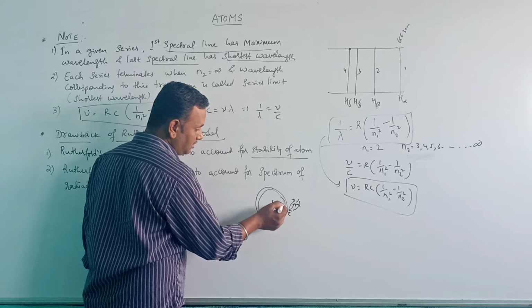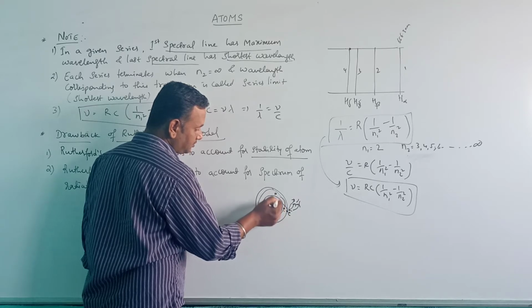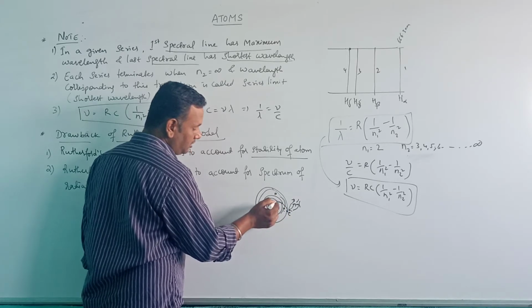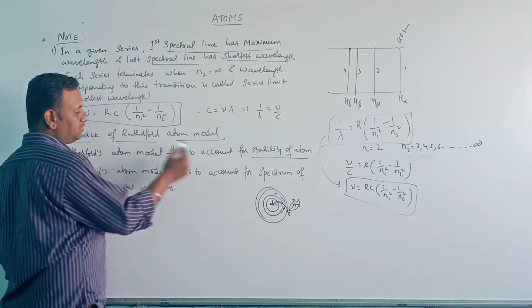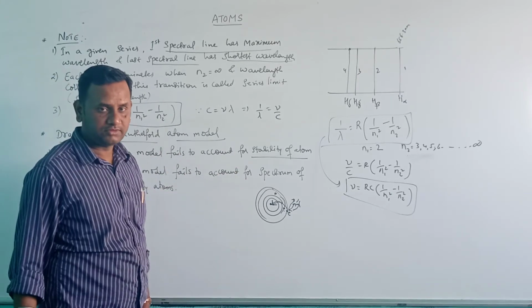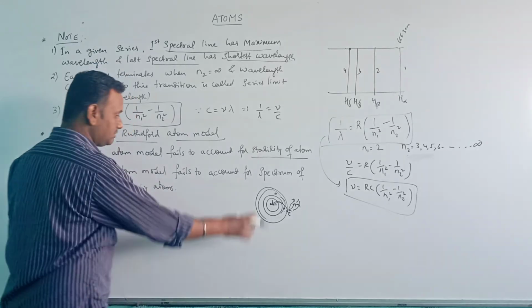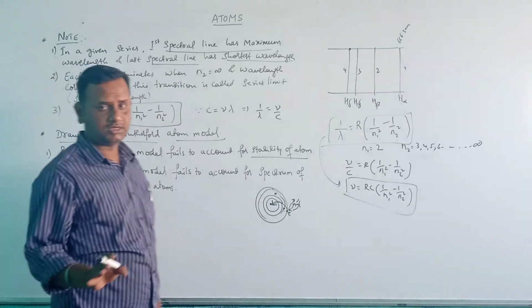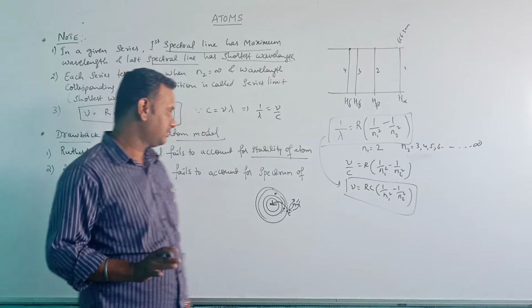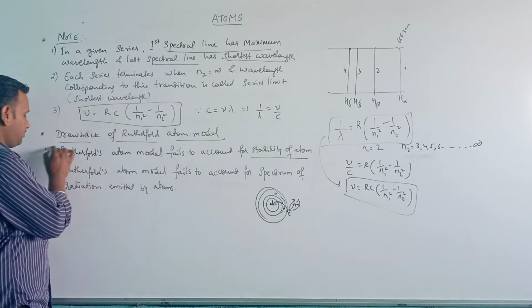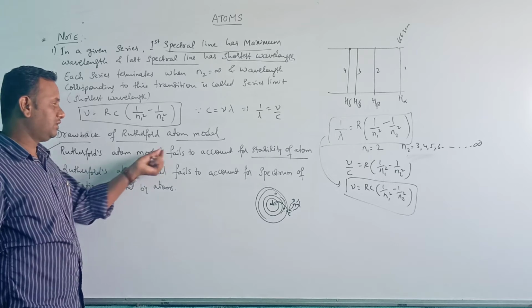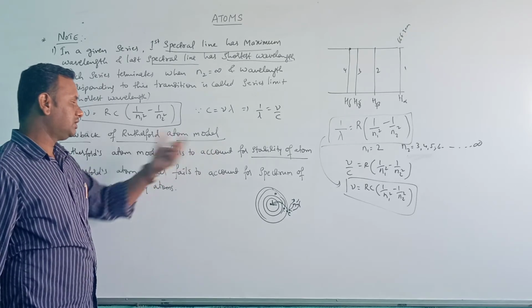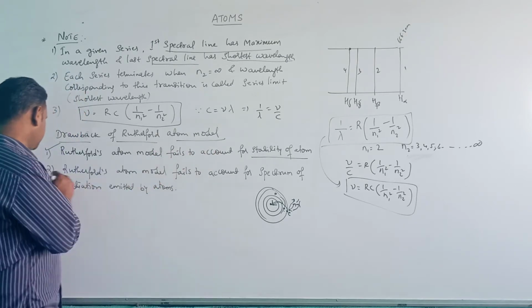Here it comes here, next it comes here, next it may fall into the nucleus. So he failed to explain the stability of the atom. From this we can say that no such atom is stable. So this is the first drawback of the Rutherford atom model. It fails to account for the stability of the atom.